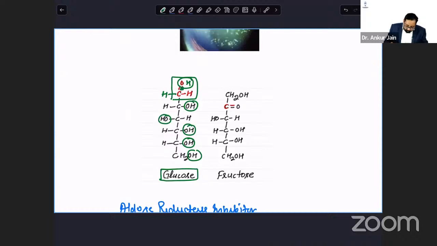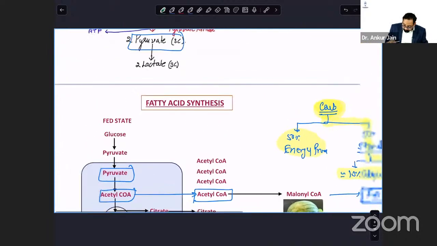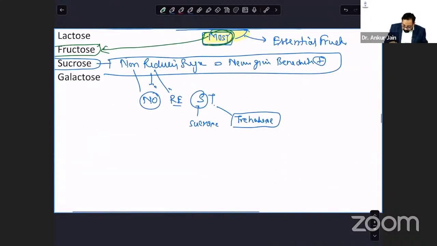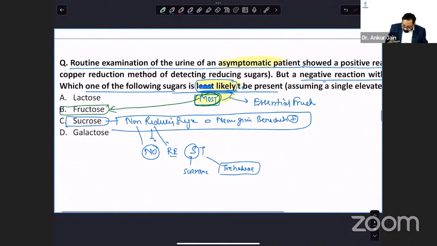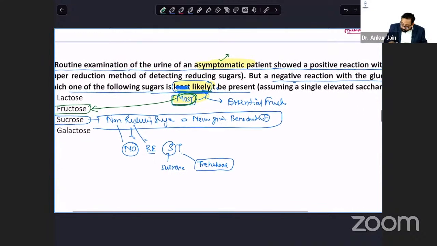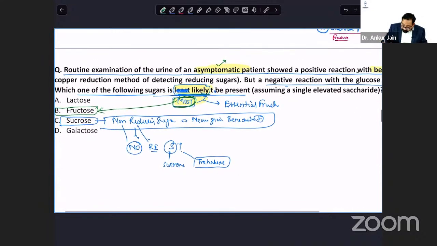One doubt, yes, a genuine doubt. In this question, the patient is asymptomatic and least likely. Benedict test is positive.